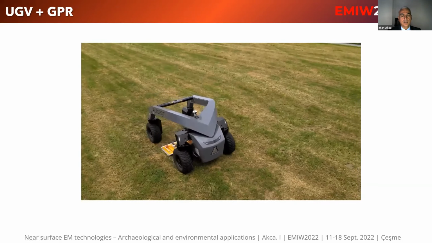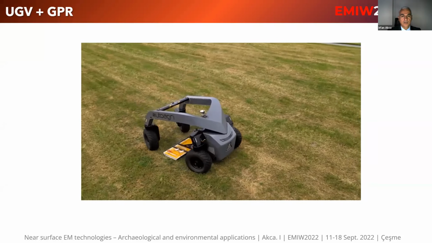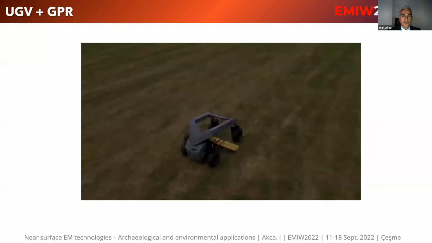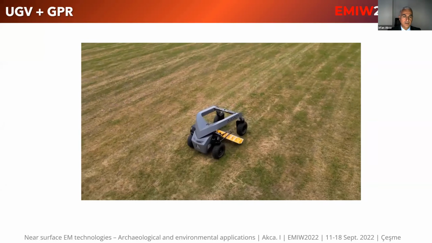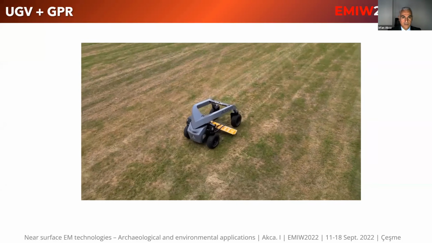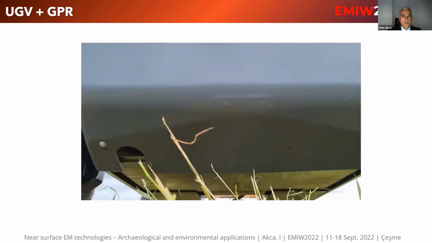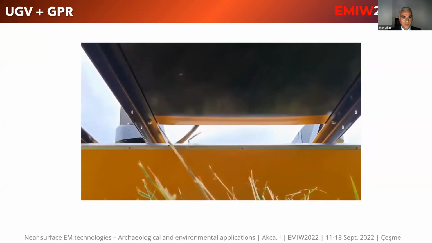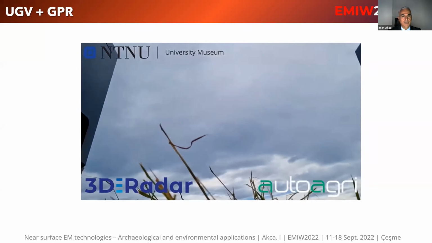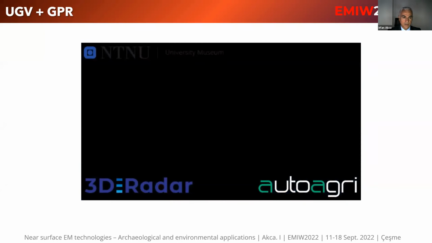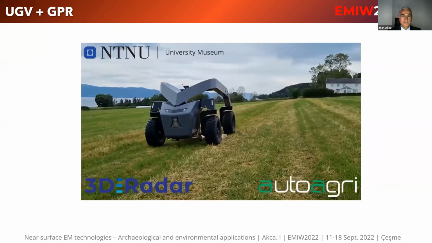So it scans a big investigation area autonomously. It's programmed in the beginning, so it travels around the field and measures GPR data. There are also some good applications with such ground-based vehicles.